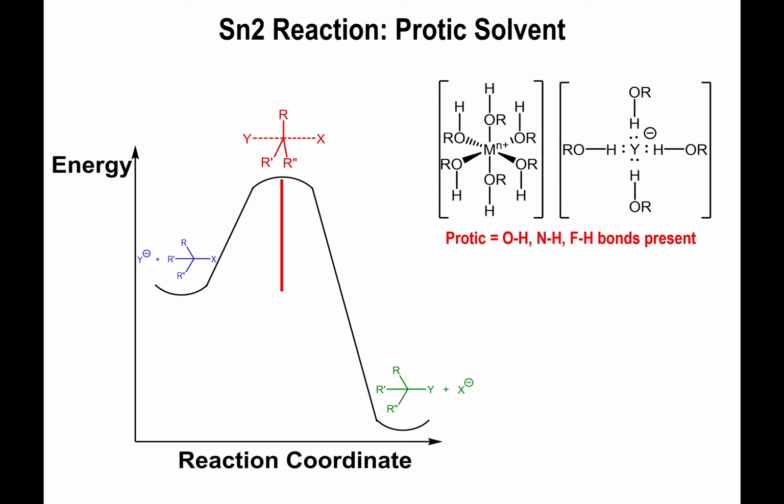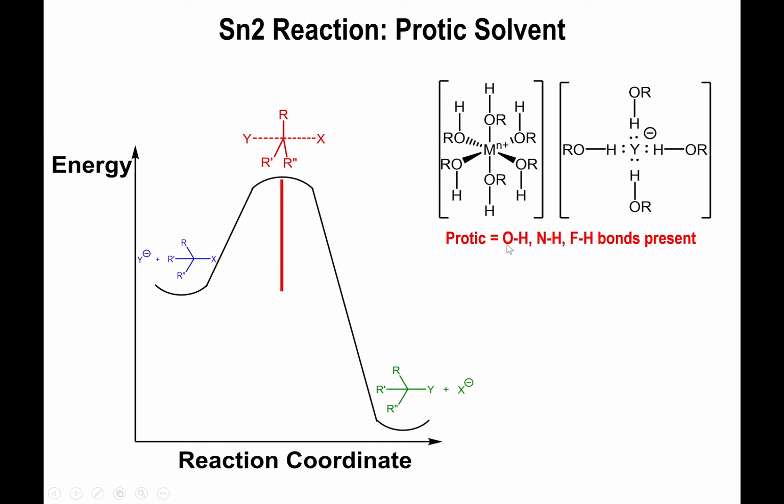Okay, so let's think a little bit about this. Because when you dissolve a salt, you have a cation and then you have an anion. If you dissolve a salt in a solvent that is protic, in other words, a solvent that contains OH bonds, NH bonds, technically HF bonds, but that would be a different type of solvent that you might want to avoid if at all possible. That's quite toxic and dangerous.